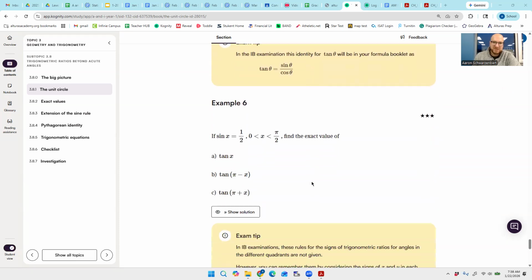Okay, tangents using the unit circle. I'm told sine is 1/2 and my angle is between 0 and pi over 2. That tells me it's quadrant 1. Sine is 1/2.